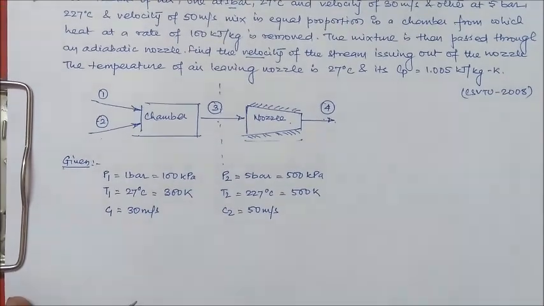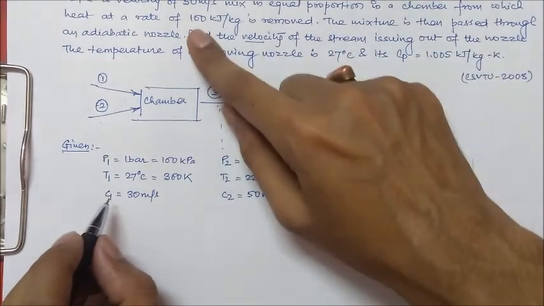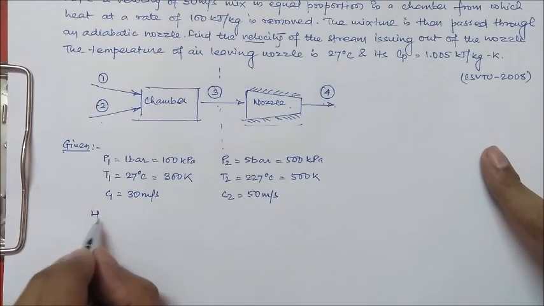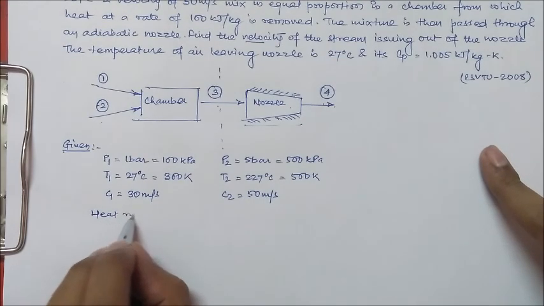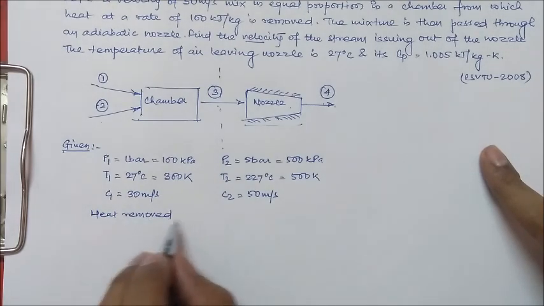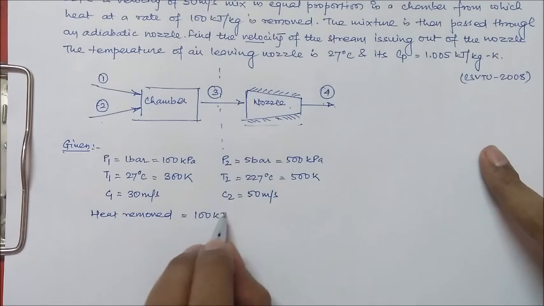Also, it says that the heat removed is at a rate of 100 kilojoule per kg. So heat removed is 100 kilojoule per kg.